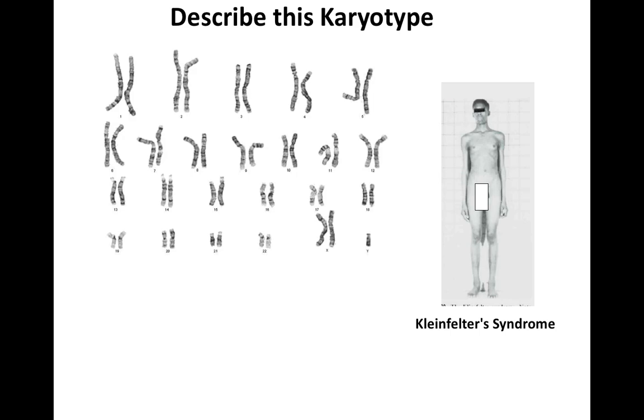Describe the karyotype of this 16-year-old boy. You can see there are skeletal features. You can see here that the height of this young gentleman is disproportionate.